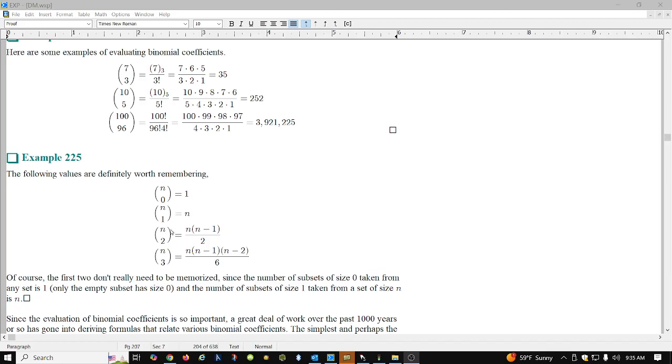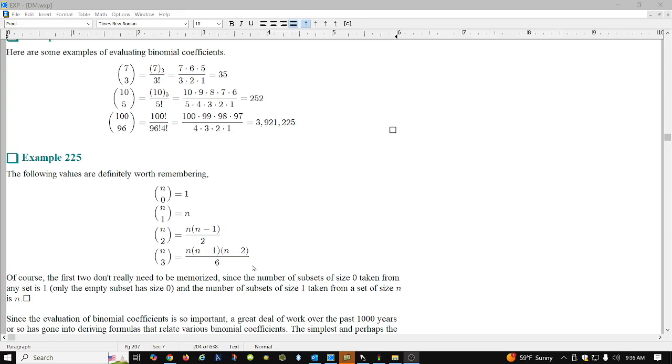N choose 1: how many ways are there to choose one element from a set of size n? Well, you've got n choices. N choose 2 is this value. N choose 3 is this one. So n choose 2 is definitely worth memorizing, and I think you might profit by memorizing n choose 3 as well.